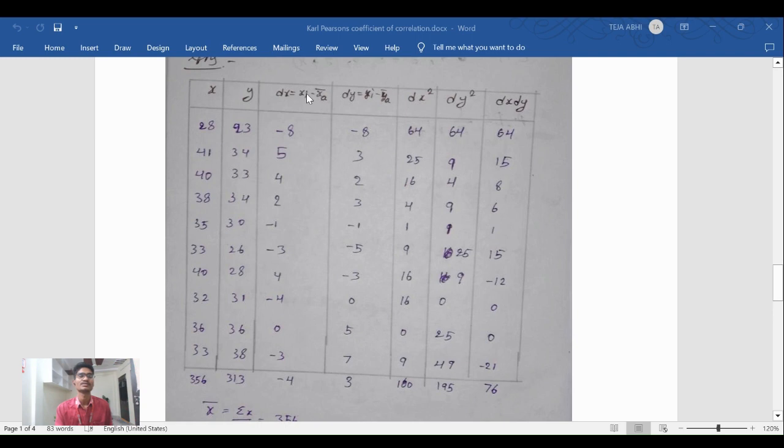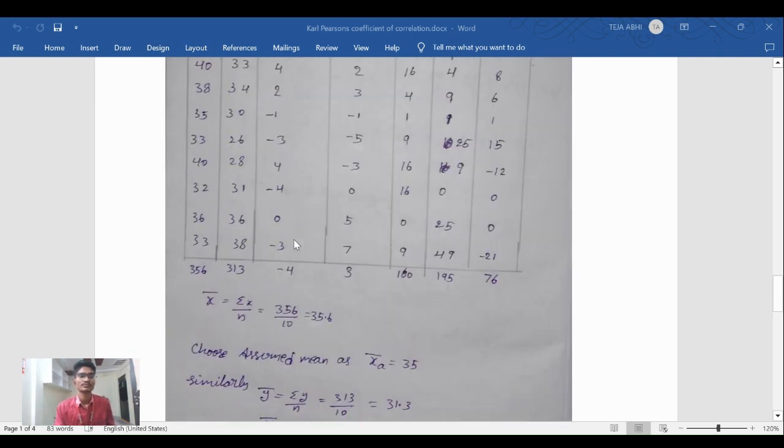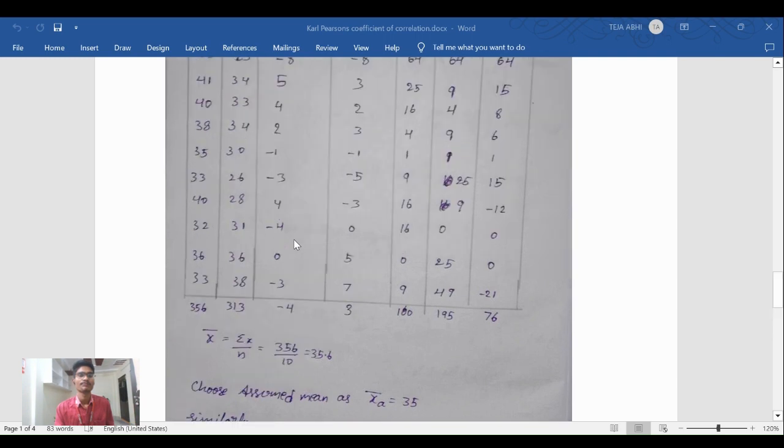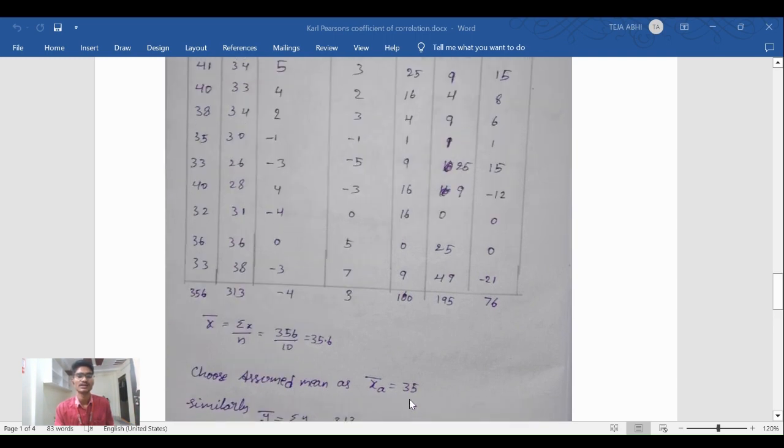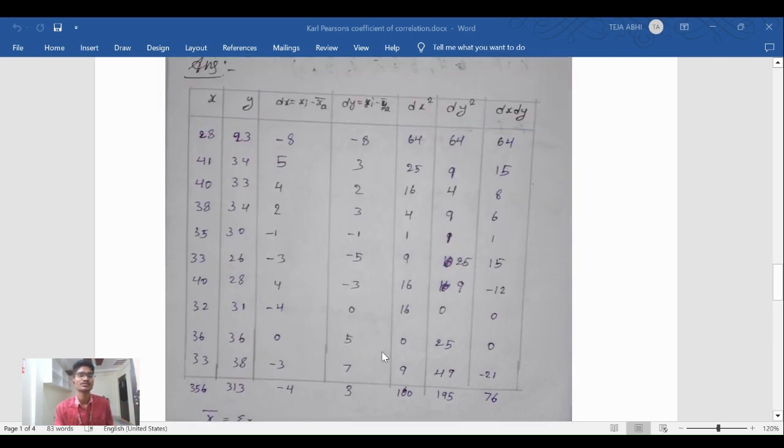dx is equal to xi minus xa bar. Sorry, I took it here as 36, make sure it is 36.